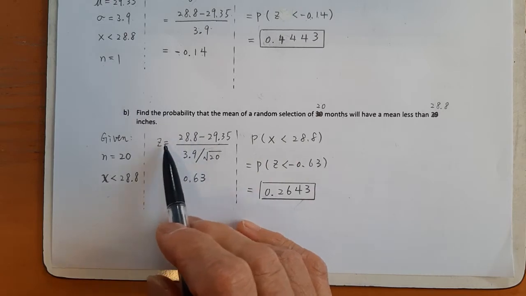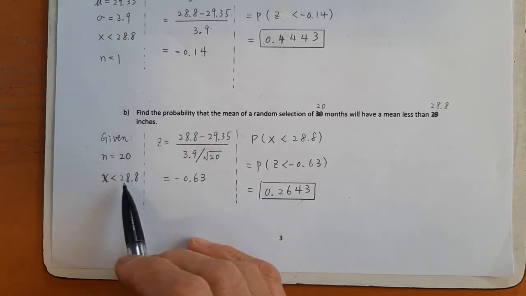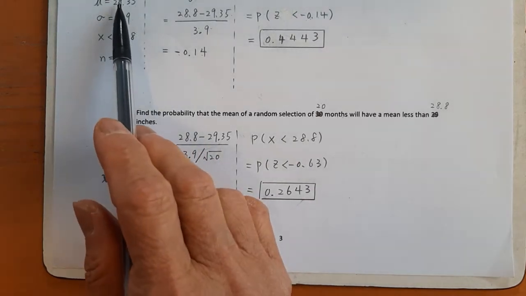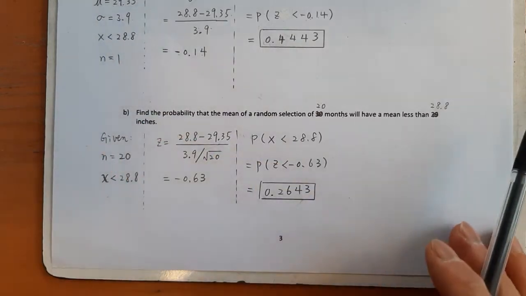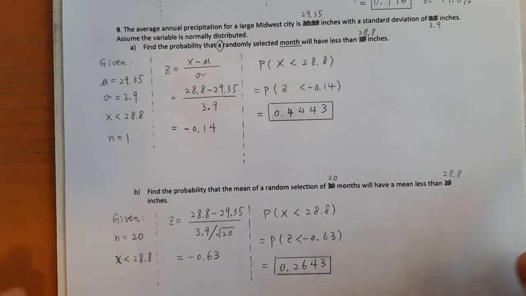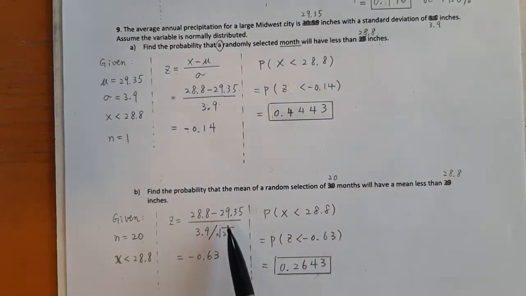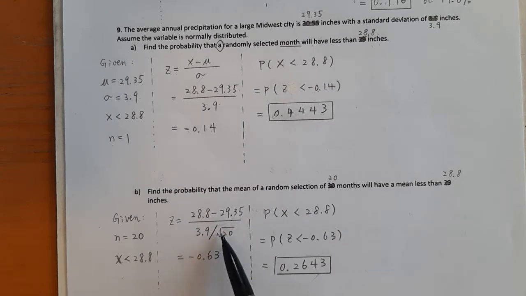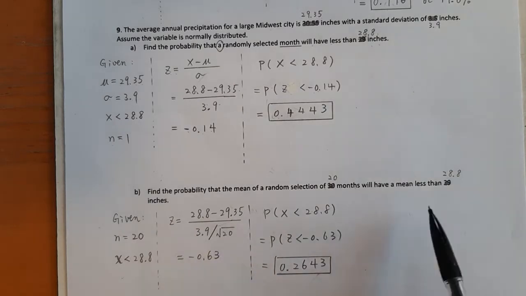28.8, plug in x minus mean. Mean is 29.35. And the standard deviation is 3.9 divided by square root of n. N is 20.